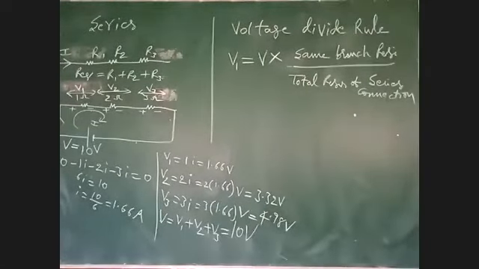Write down: V1 is equal to total voltage V into same branch resistance by total resistance of series connection.